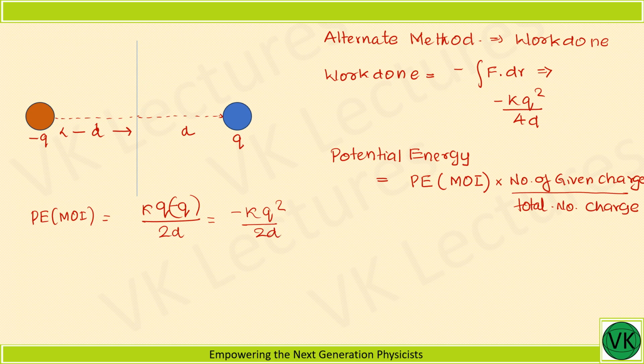The actual potential energy is this multiplied by the number of given charges, which is 1, divided by the total number of charges, which is 2, including real and imaginary charges. So 1 by 2, that's equal to minus kq square by 4d. So that's the work done or the potential energy.